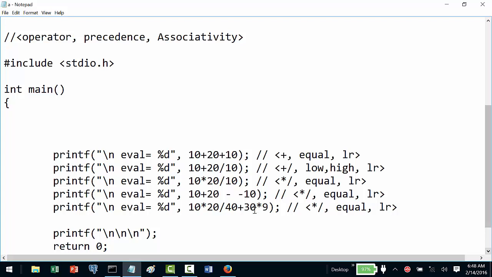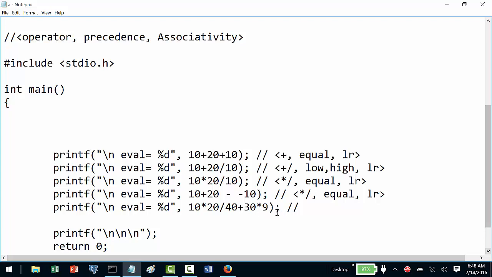Now if you go by our typical evaluation methodology, we have a star, we have a division, we have a plus, and we also have a star. So if I want to now evaluate the expression, the star and division have what is called equal priority. So I'll start from 10 into 20, which is 200, then divided by 40, which will be 5. Okay, then 5 plus I have 30 into 9.